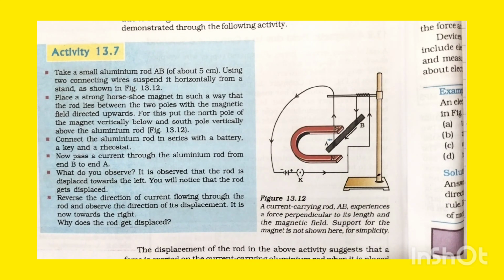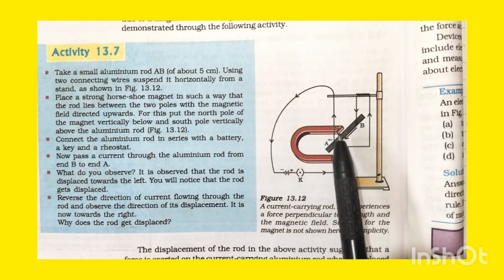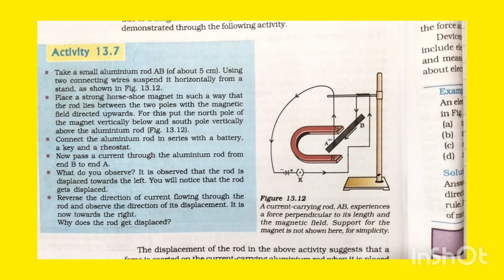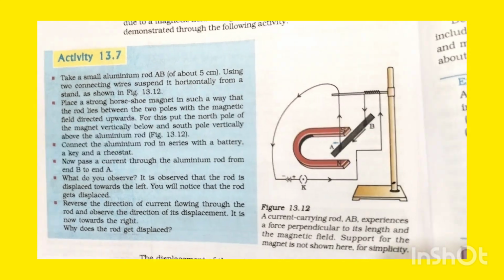So here we have to explain that whenever a current carrying conductor is placed in a magnetic field, the force acting on the conductor increases when we increase the magnetic field strength.